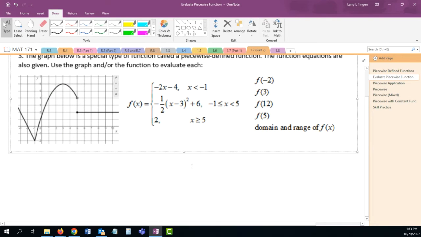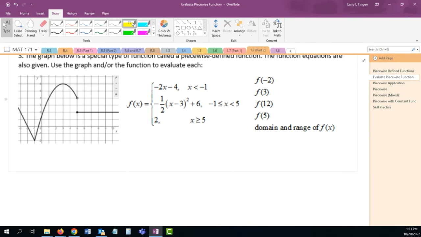And then once I reach -1, I'm paying attention to this equation. This is a parabola. The leading coefficient is negative, so that means it's a parabola that faces down. And I use that parabola that faces down from x is -1 up until x is 5.